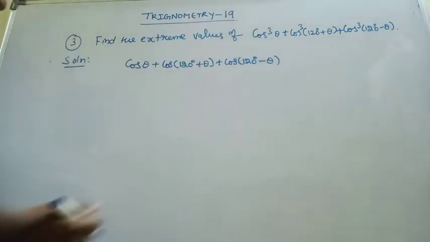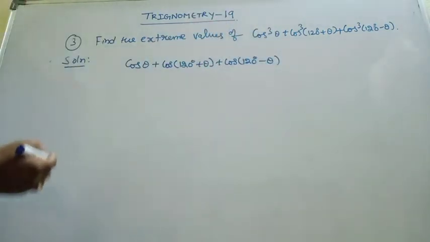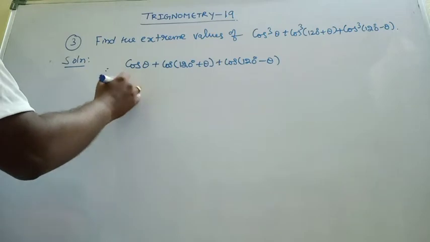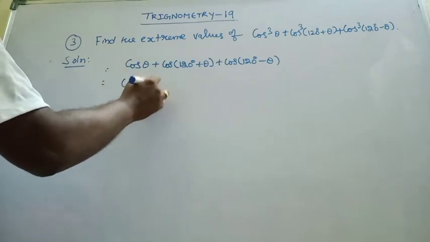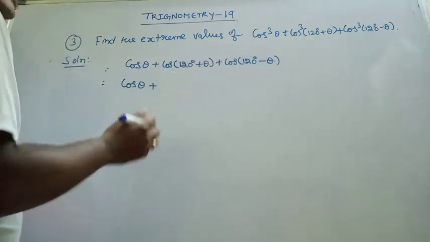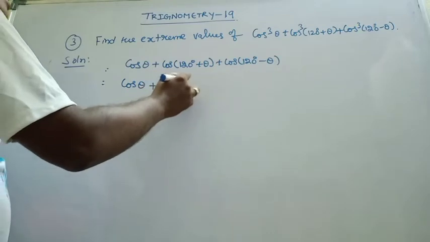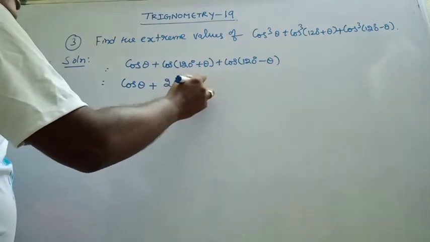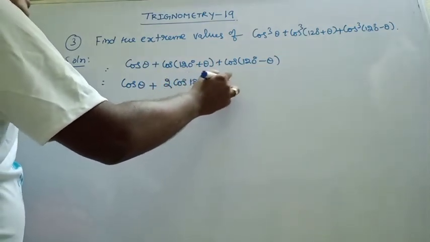Actually, we need to find their cubes, but if you take this like this, what are we going to get? This is cos θ plus cos(a + b) plus cos(a − b).